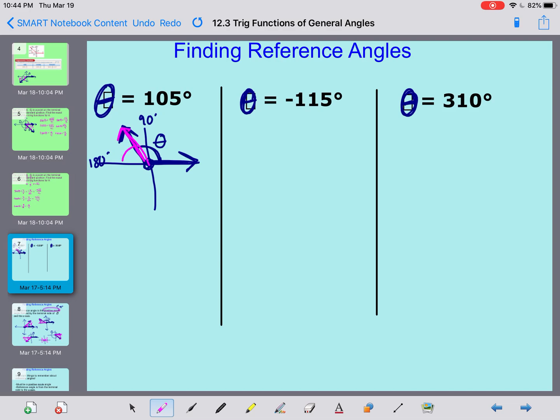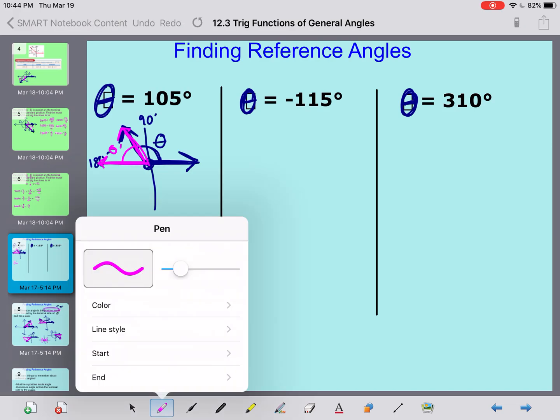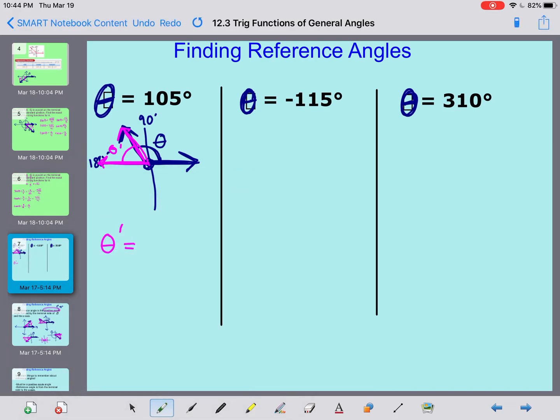Drop straight down to the x-axis. And the question is, how many degrees is that theta prime? How many degrees is that reference angle? And the way we figure this out, I know that from this initial side all the way, that semicircle there, that's 180 degrees, and I'm subtracting the blue theta from that.